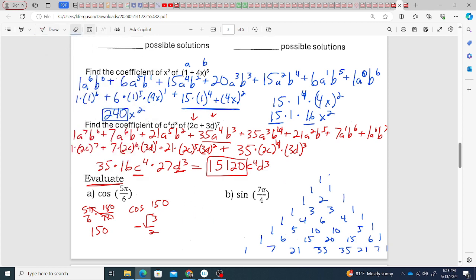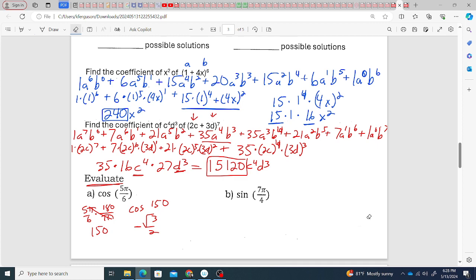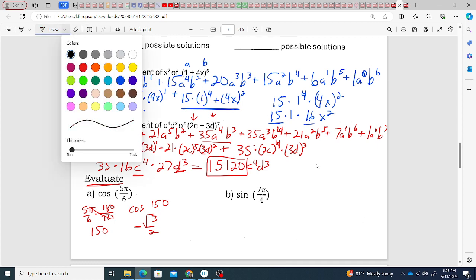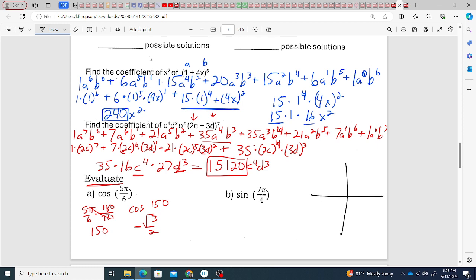And let's erase this little positive b because it's all up in the way. So let's make a coordinate plane and let's do this really quickly. Okay. So I got my coordinate plane right here.